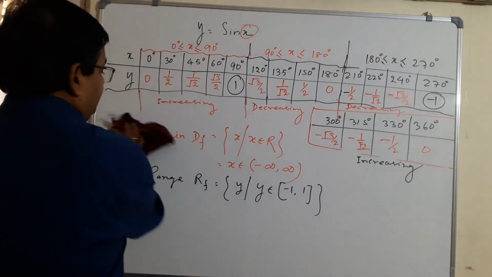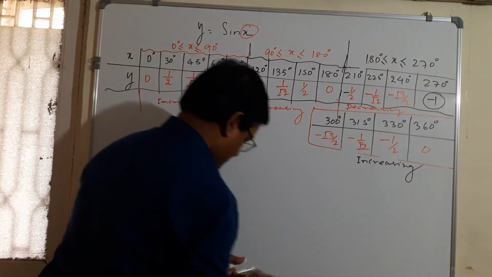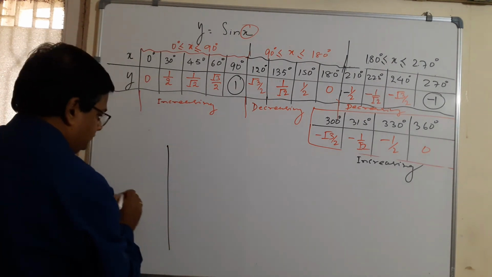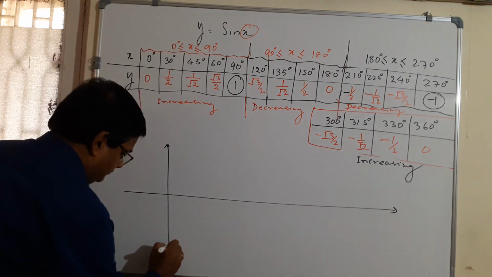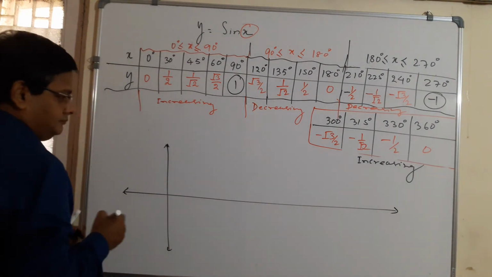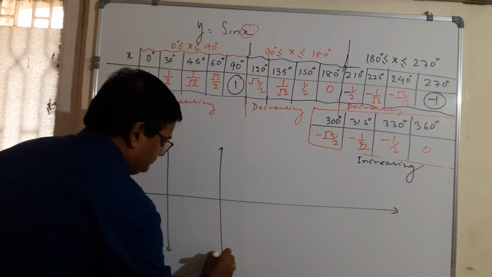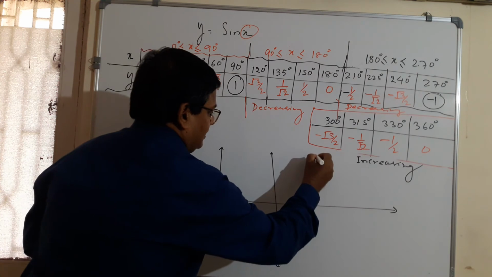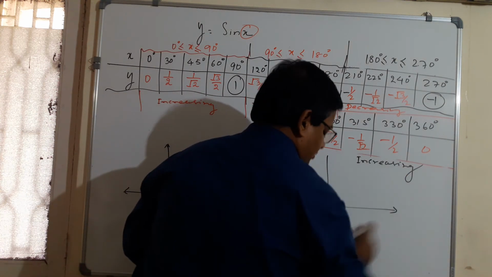Now you can see the graph. This is first quadrant, this is second quadrant, and here third quadrant, and here fourth quadrant.